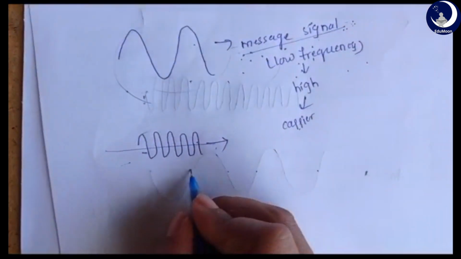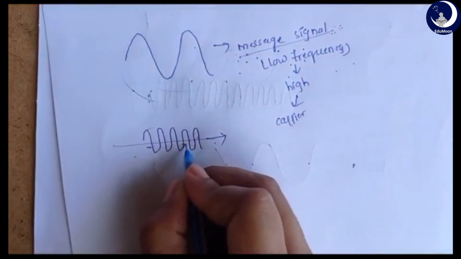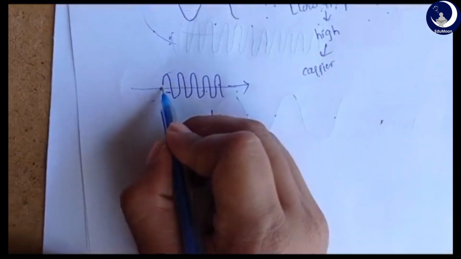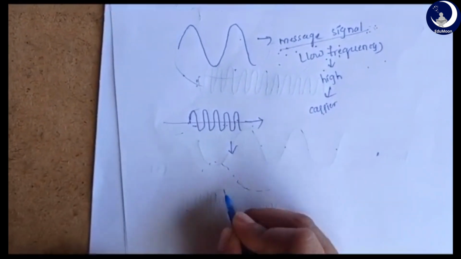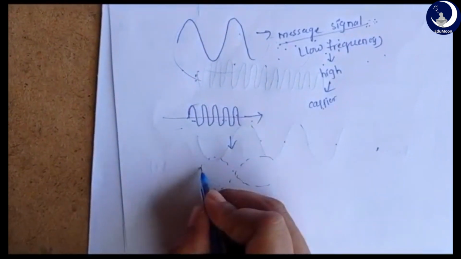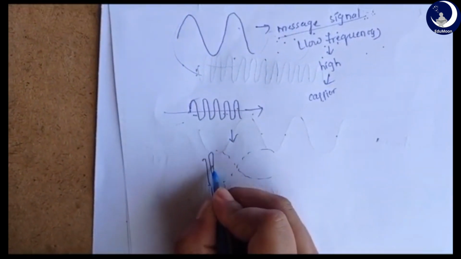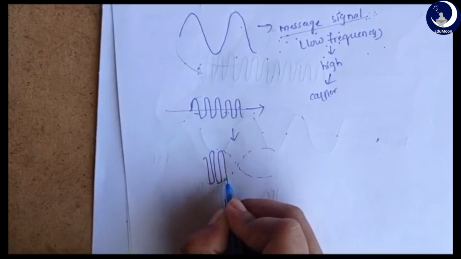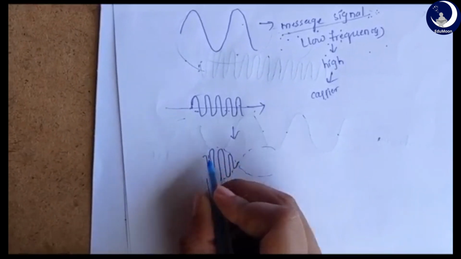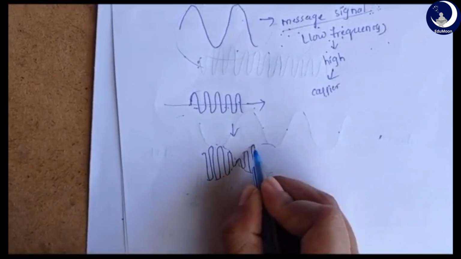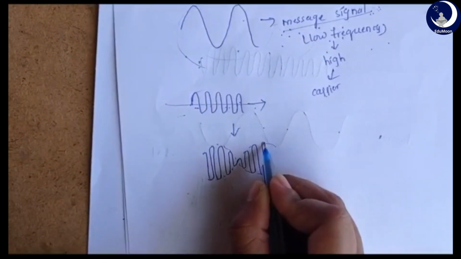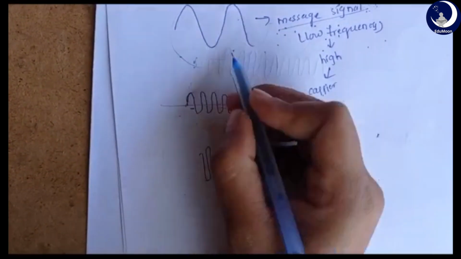How? Let's see. For example, consider this is a carrier signal and now we are changing one characteristic, let's consider amplitude. We are changing the amplitude of the carrier signal with respect to our message signal. Now look at this: it is the same carrier signal, but the amplitude varies instantaneously with respect to the message signal.